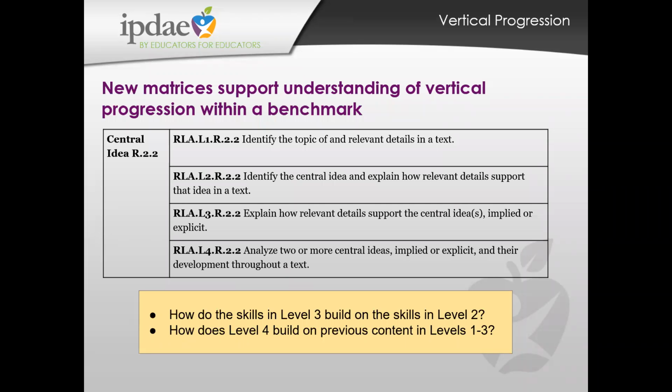When we talk about the increasing complexity of the text, we're not just talking in terms of quantitative measures such as lexile, but also the qualitative components of the texts that lend themselves to this deeper kind of analysis.